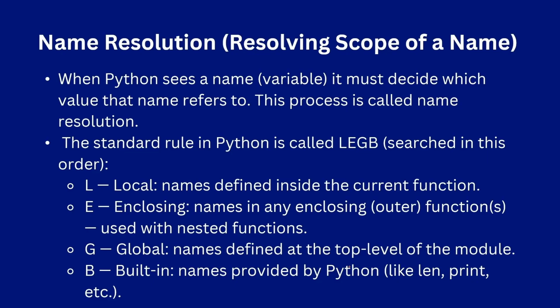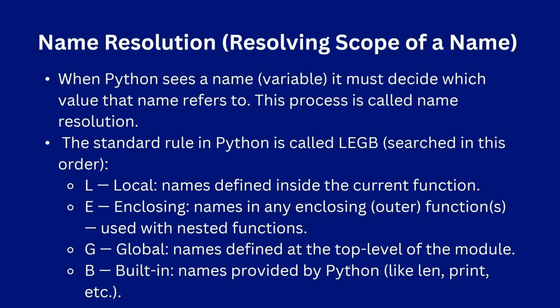Now if it is unable to find it there as well, then it checks the global environment, whether that variable is present with the same name in the global space. If yes, then Python uses its value. Or else, at last it checks the built-in environment, which contains all the built-in variables and functions of Python.